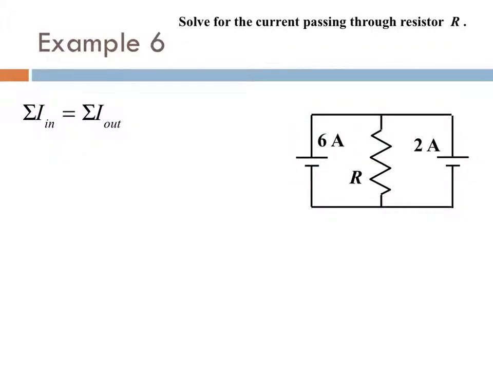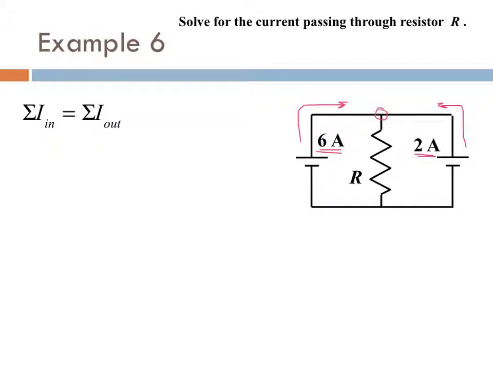In this example, we have 2 batteries. So for now, we're just going to take it that our positive plate is going to send a current out in this direction, and we know that that is 6 amps. This other battery is going to send out a current going this way, and that is 2 amps.